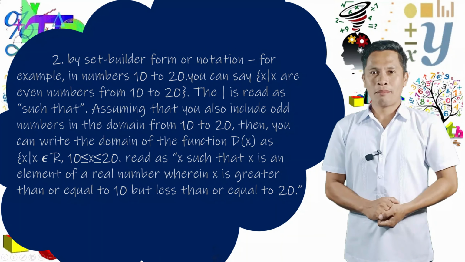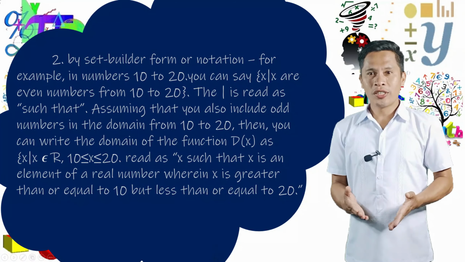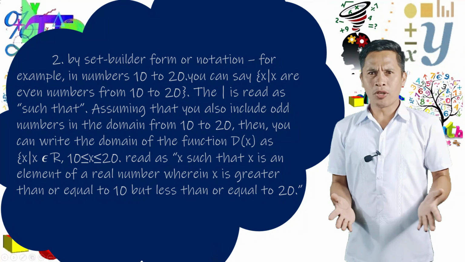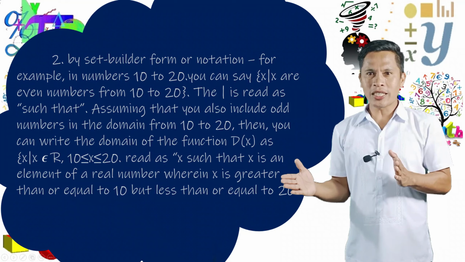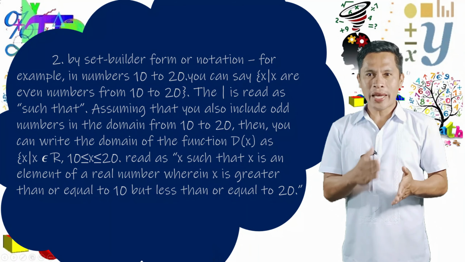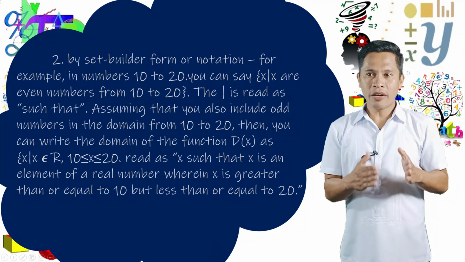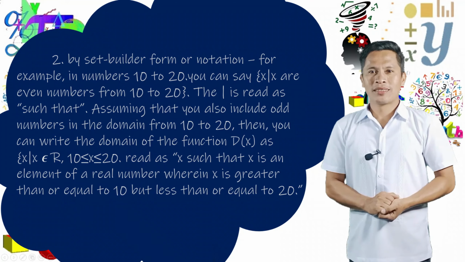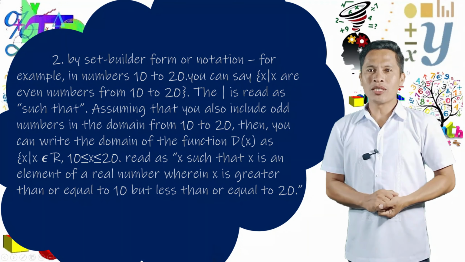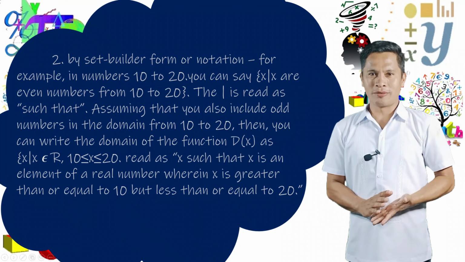Second form, by set builder form or notation. For example, in numbers 10 to 20, you can say x such that x are even numbers from 10 to 20. The vertical line symbol is read as such that.